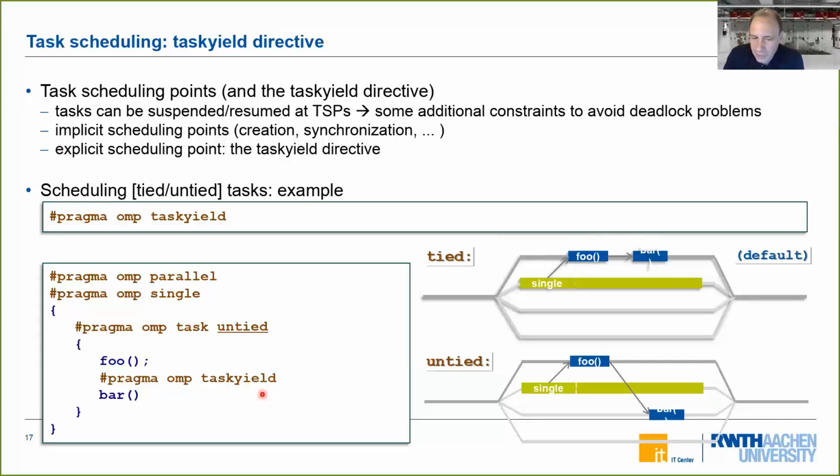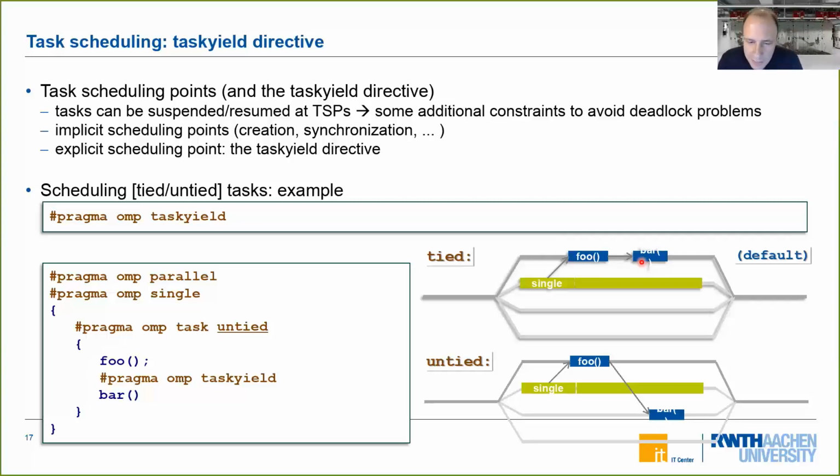Previously the untied feature was designed to enable the runtime to interrupt a task whenever it thinks it's suitable, but this is not allowed anymore. So only at so-called task scheduling points like child task creation, taskyield, and so forth, tasks can be interrupted, and then in the case of untied tasks, be executed somewhere else. By default, the thread that picked up the task for execution will be responsible to run it completely to the very end.